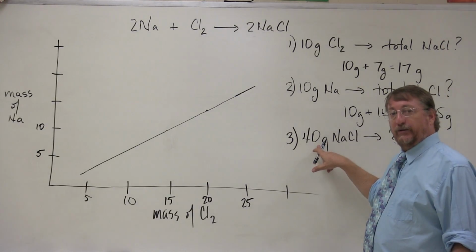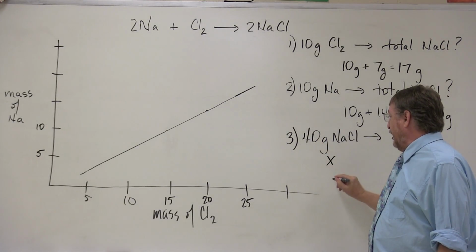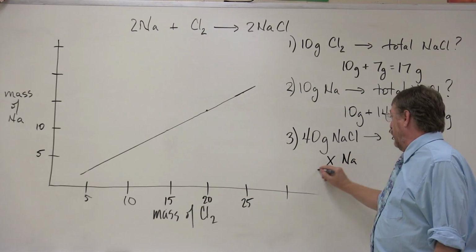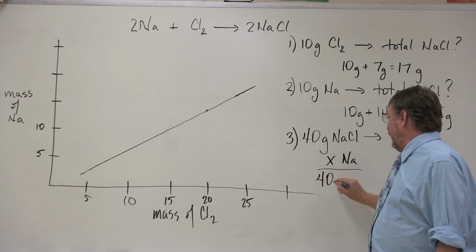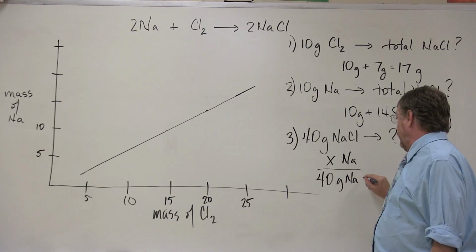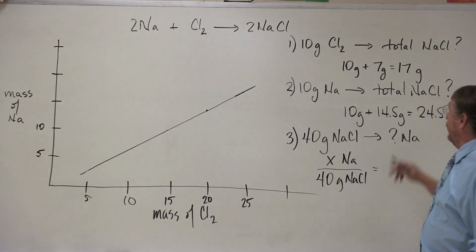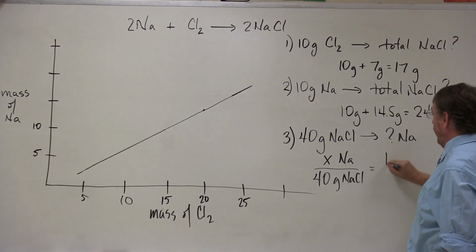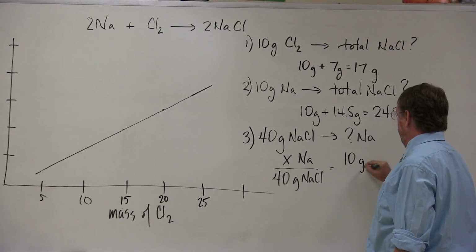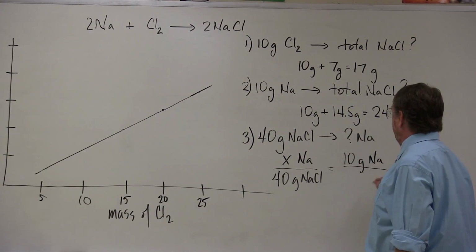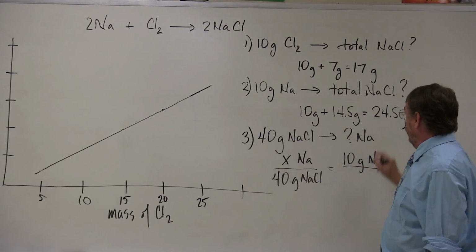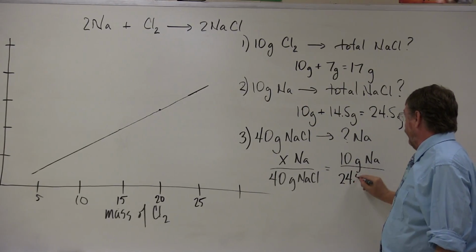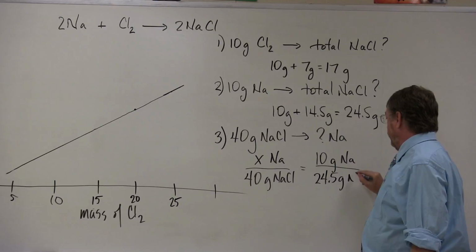So we're going to set up a ratio. We'll say, okay, the X sodium relative to 40 grams NaCl equals, and up here I know 10 grams of sodium produced 24.5 grams of NaCl.